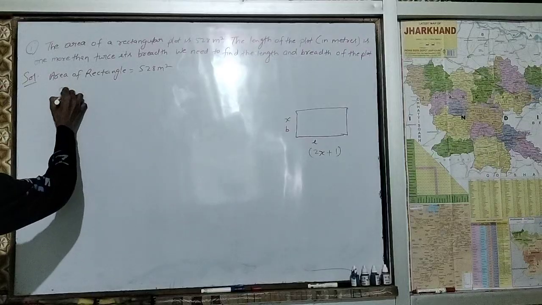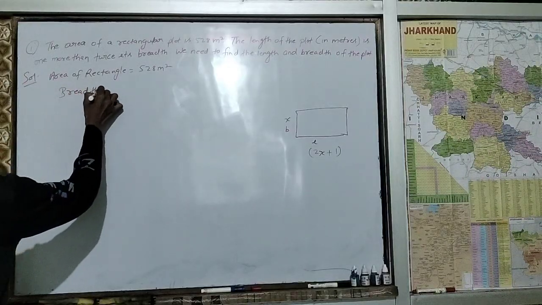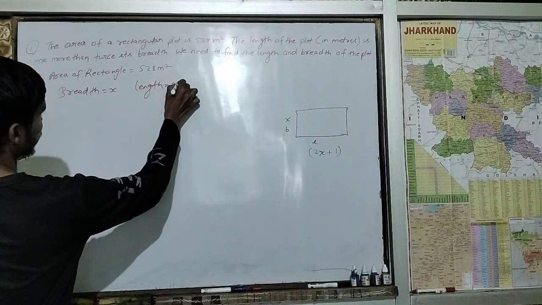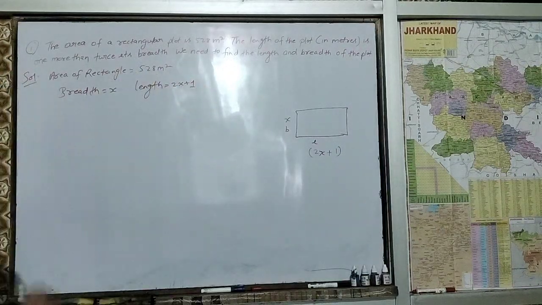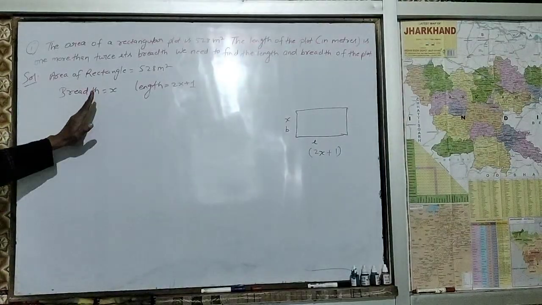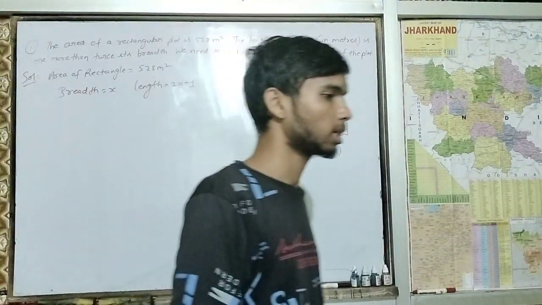Now breadth, we know that breadth is nothing but x and length is nothing but 2x plus 1. Area is 528.